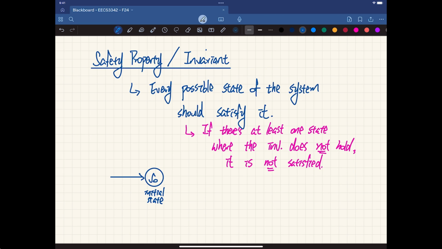And then, let's say some event, E1, happened. So we evolve to S1. Let's make it very simple. Let's say another event, E2, happened. So we evolve to the next state, S2. And this may keep going.